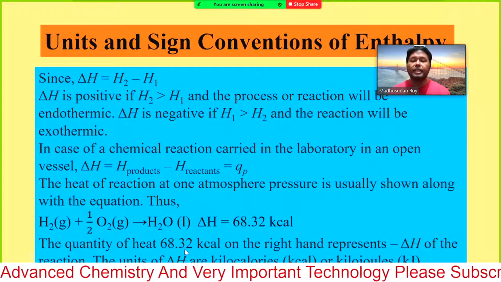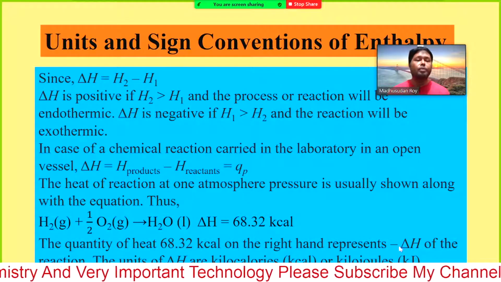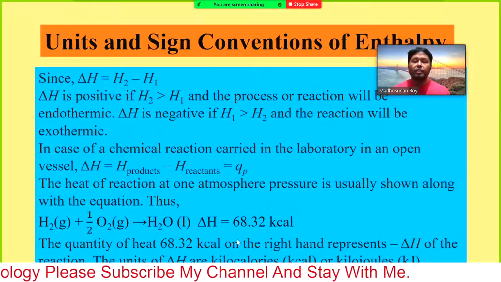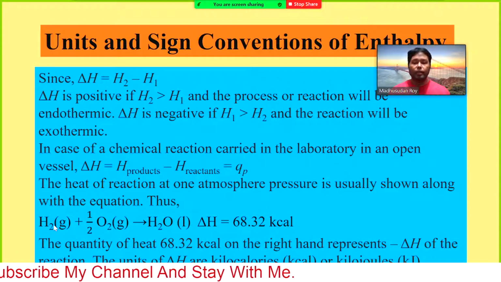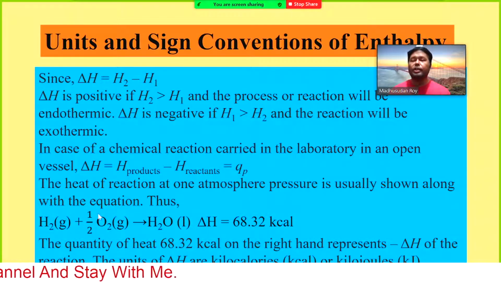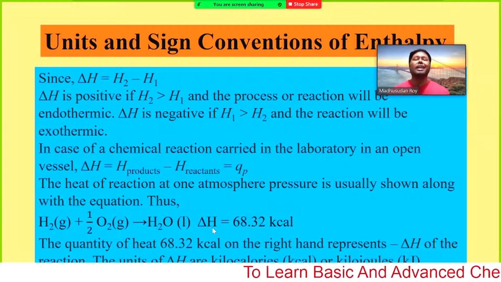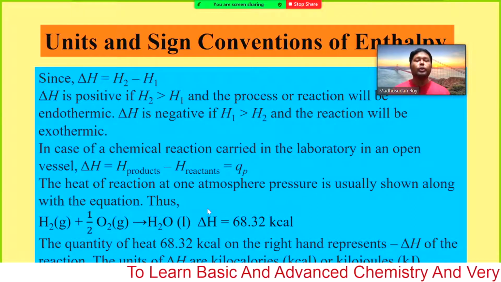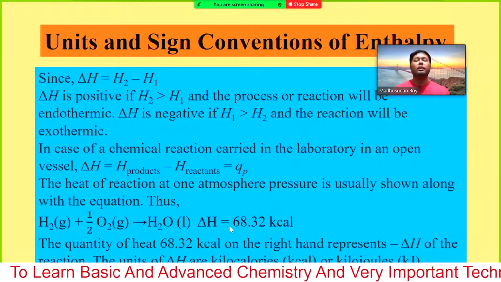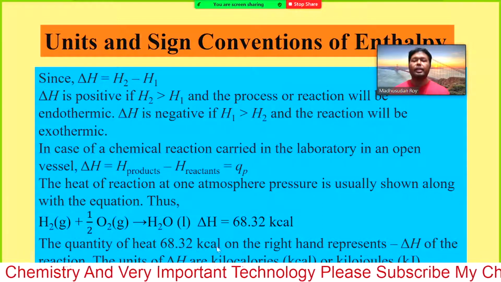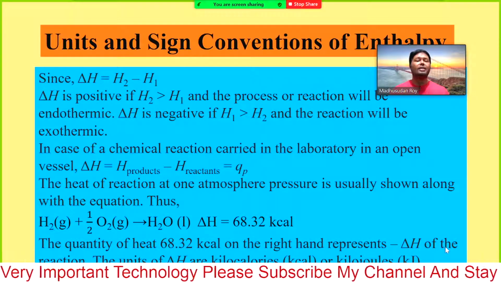The quantity of heat 68.32 kilocalorie represents minus delta H of the reaction, because this reaction is exothermic. Half mole oxygen and 1 mole hydrogen react to form 1 mole of water, and heat is produced. Delta H is actually negative. Here we did not put any sign, but we want to mention that this has some change in energy.